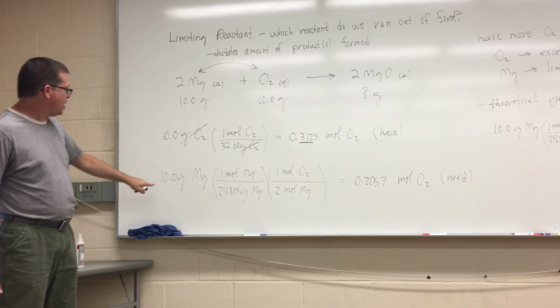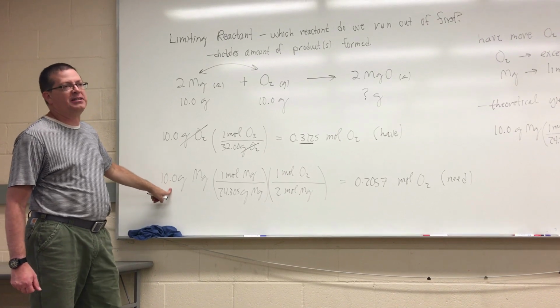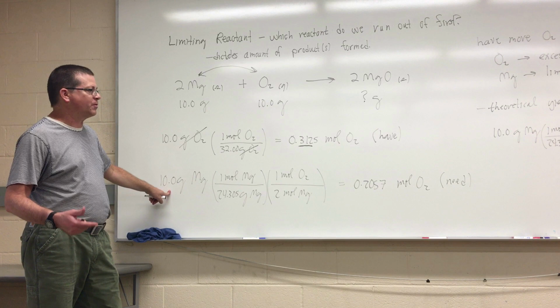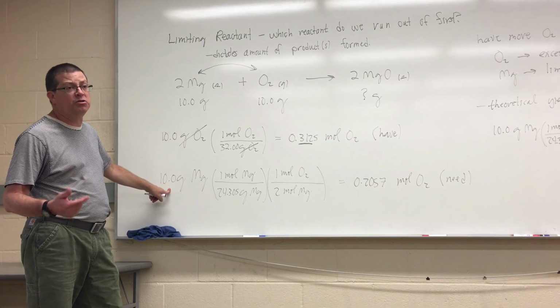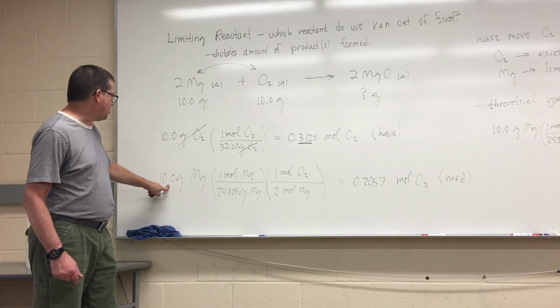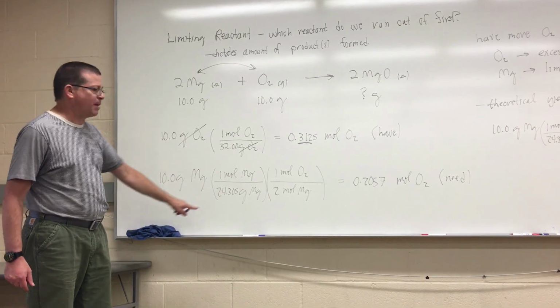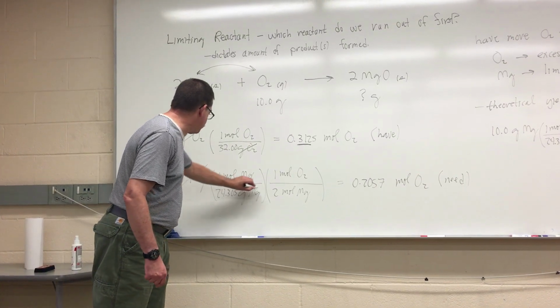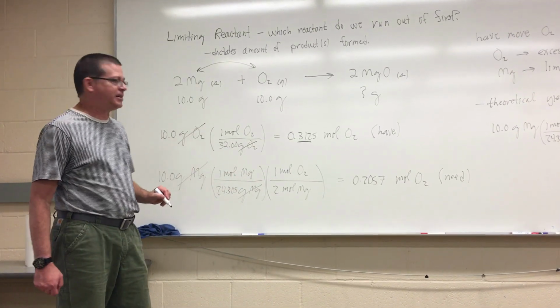Now I'm going to start from the standpoint of magnesium and use my mole bridge to determine how many moles of oxygen would be needed to react with all of the magnesium available. I start with my 10 grams of magnesium and convert it to moles so we can make the comparison. Grams of magnesium cancel with grams of magnesium.